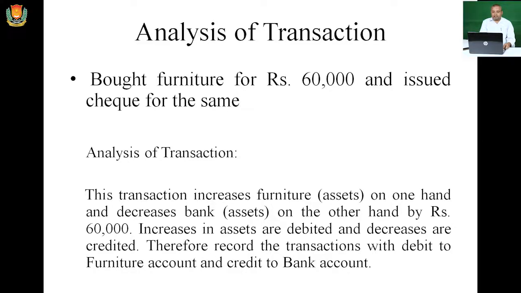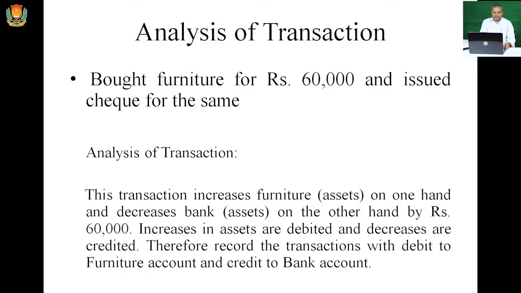So on the one hand, it increases some asset, that is furniture, and at the same time, it decreases an asset, that is cash or bank. So furniture will be debited and bank stands for cash account. Whatever cash we keep in bank, for that we use bank account, not cash account. So furniture account will be debited and bank account will be credited.